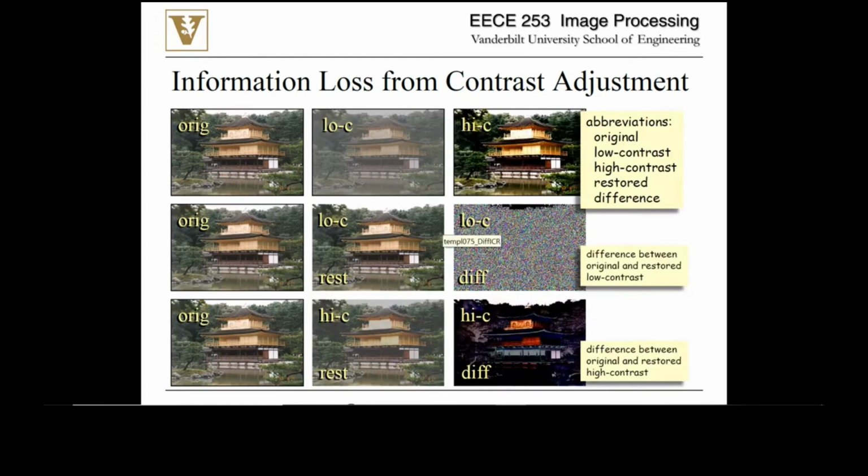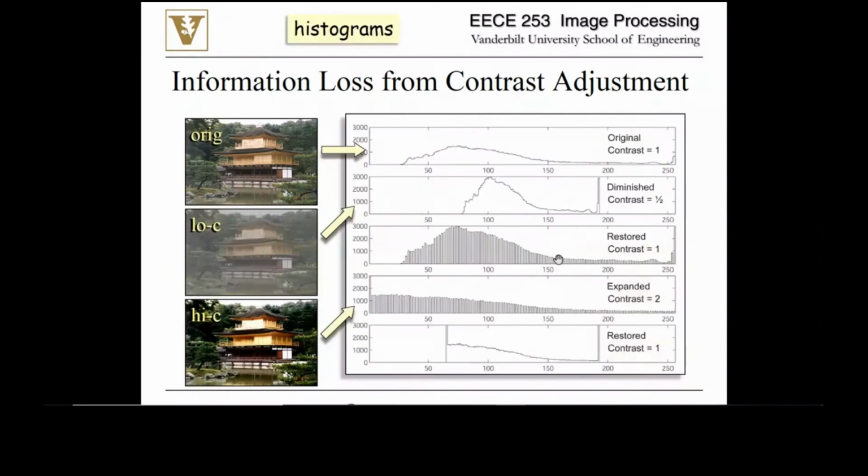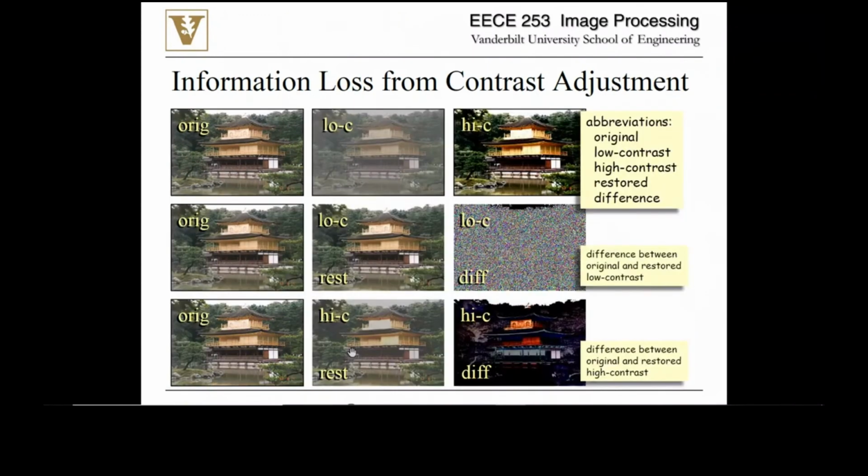Okay, so here we have all the different images. This is the original image all the time, and then this is the one with lower contrast. This is the lower contrast restored. And this is the high contrast restored, and then this is high contrast, and you can compute all kinds of differences. For instance, we can compute the difference between the low contrast restored and the original one.